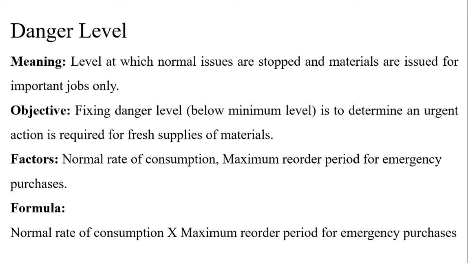Through purchasing, we replace the materials with fresh supplies. The factors are normal rate of consumption and maximum reorder period for emergency purchases. The formula for the danger level is normal rate of consumption into maximum reorder period for emergency purchases.